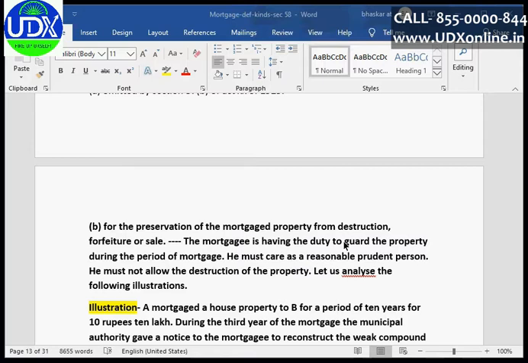He may be away in a foreign country, or he may be a very, very busy personality. He cannot be communicated. Then the act of necessity has to be done within a short period of time. Can the mortgagee spend the money to protect that property?